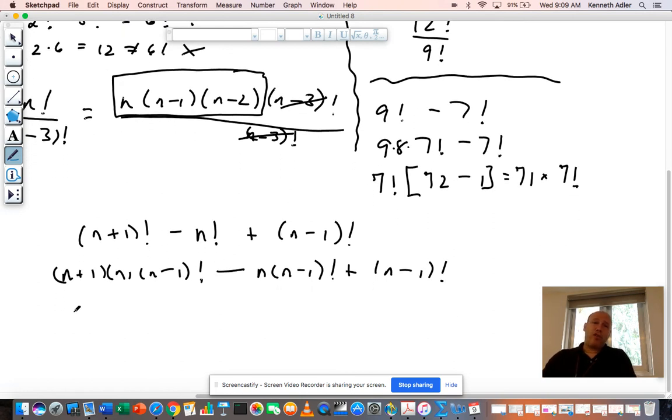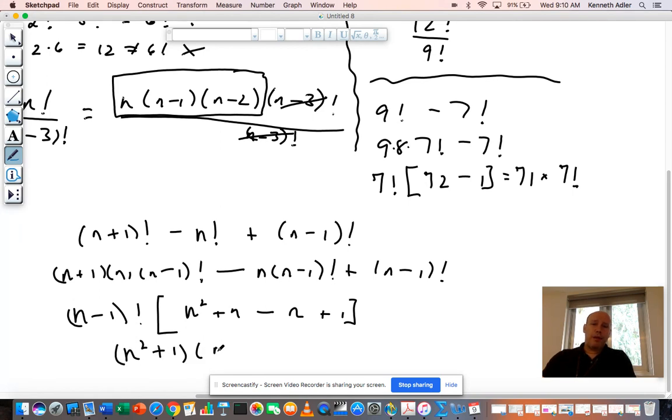I'm going to factor out an n minus 1 factorial, and that leaves me with n squared plus n minus n plus 1, and we get the final term, n squared minus 1 plus 1, times n minus 1 factorial.